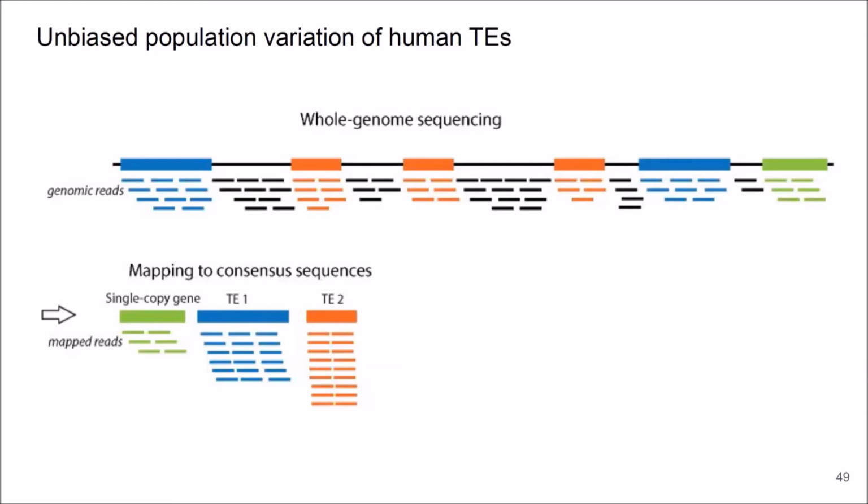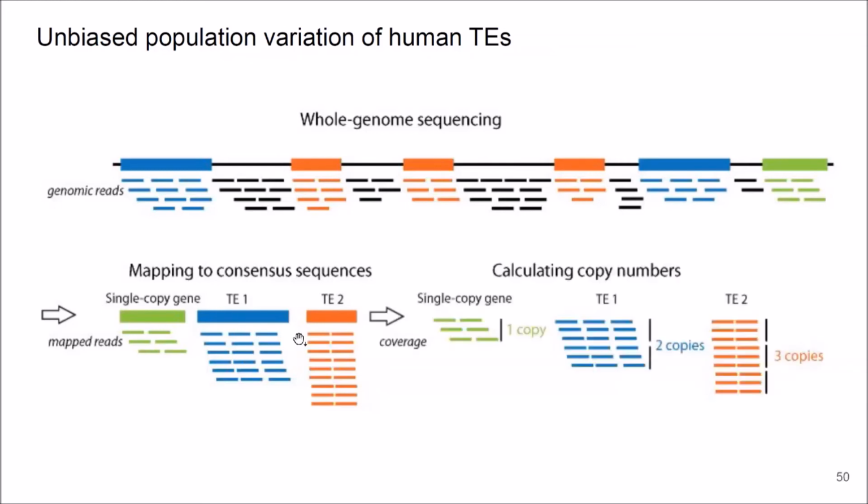But an additional thing that we do in our approach is that we establish a set of single copy genes. These are genes that are always single copy and very conserved throughout all individuals, including, for example, the variable African individuals. By estimating the average coverage of something that only occurs once in the genome, we are able to estimate the number of copies a TE should roughly have in the genome.